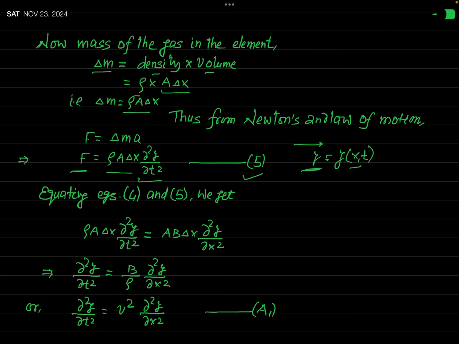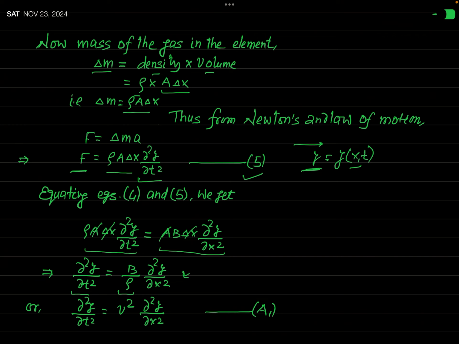You can see in accordance with equation 5, F is rho A delta x times del 2y by del t square. And you have seen in equation 4 that the same force is given by AB times delta x times del 2y by del x square. Now you can see that A and delta x will cancel out, and therefore del 2y by del t square will be equal to B over rho times del 2y by del x square.